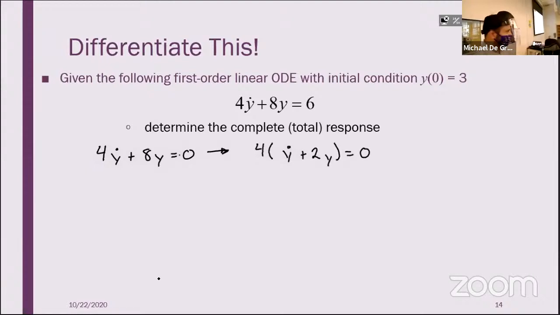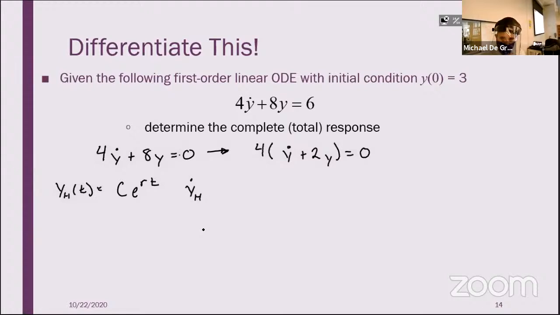Which we can rewrite as this. If we go back, what do we have to do? Well, we're doing this the long way, right? We assume a solution form, right? So y_h of t is going to equal c e to the rt, right?